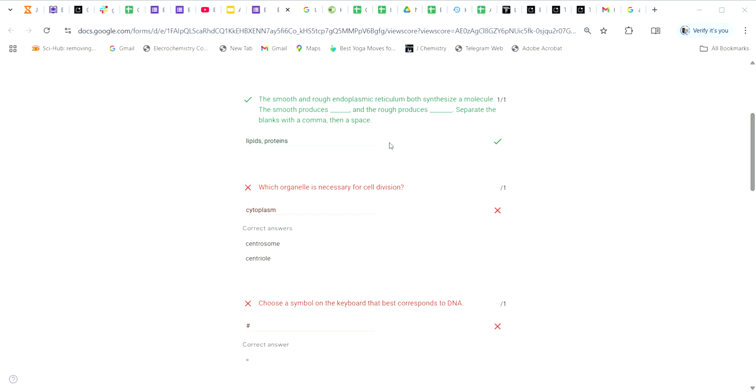That is not the definition of DNA. DNA does not have a chemical symbol like an element.